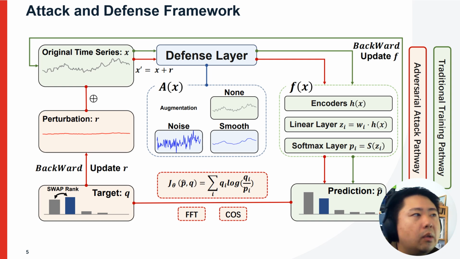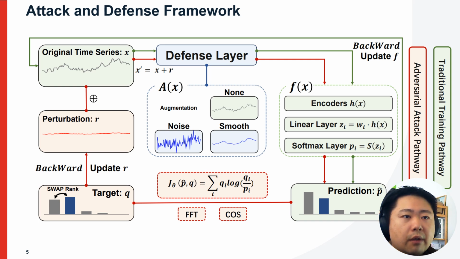And now we can look at our attack and defense framework. Here I will also tell you some details about the experiment setup. This picture indicates the structure of our comprehensive attack and defense framework.